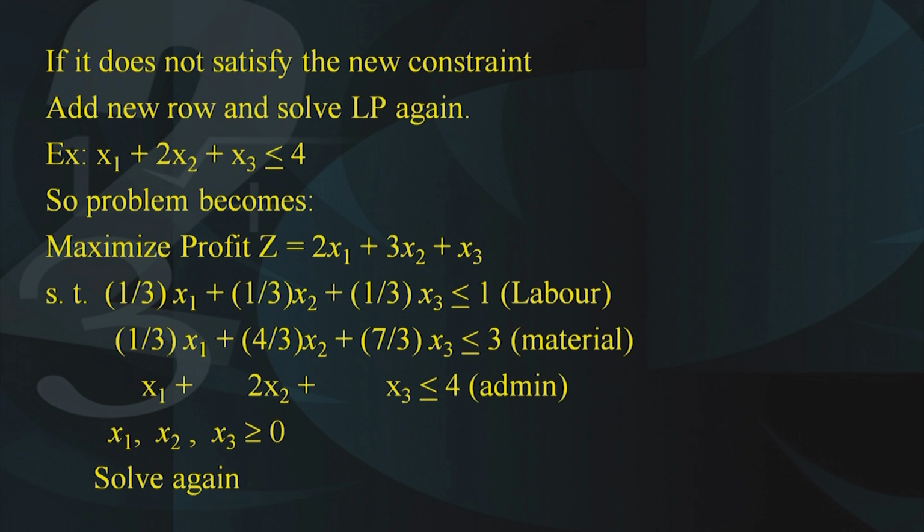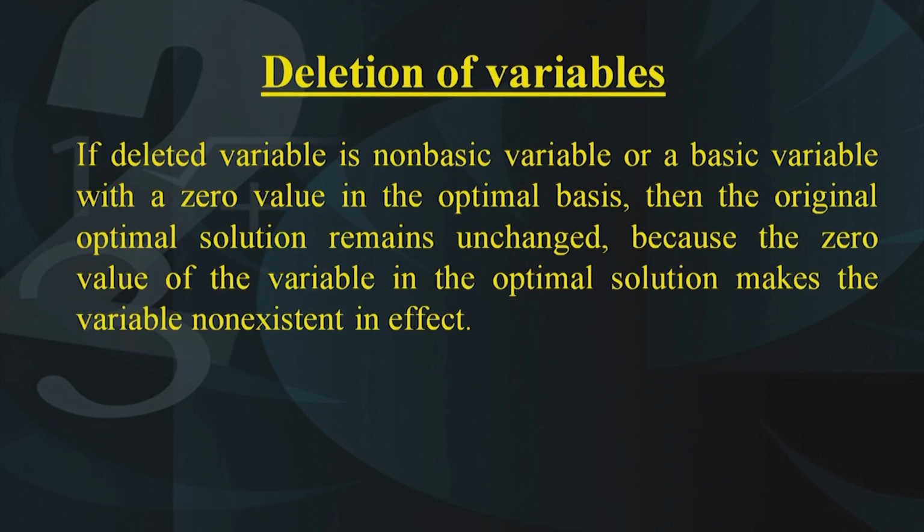This is the material constraint, and the new constraint that we have added regarding the administration is given by x1 plus 2x2 plus x3 less than or equal to 4. All the variables x1, x2 and x3 should be greater than or equal to 0. Now, what we have to do? We have to solve the problem again. There is no other alternative.